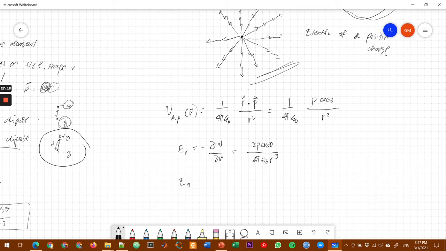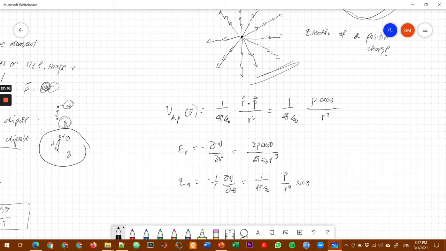For the theta part, we have 1 over r, partial of V, partial of theta. So that equates to p over r cube sine theta.